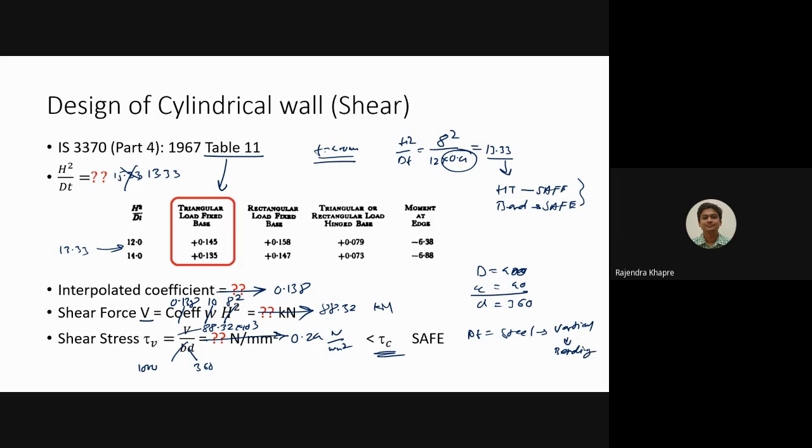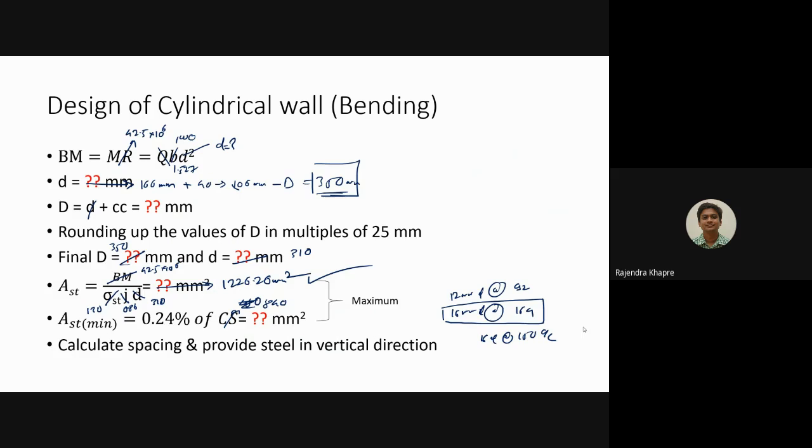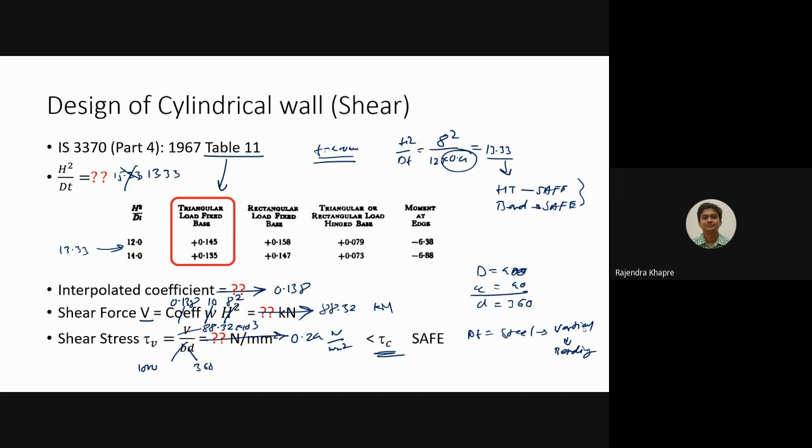Right now the design is not available, because every design we have done in the previous slides was for 350 mm. I'm sure you will do it for 400 mm, and whatever AST you have provided, you have to find the percentage of that AST and, based on that, calculate tau c.